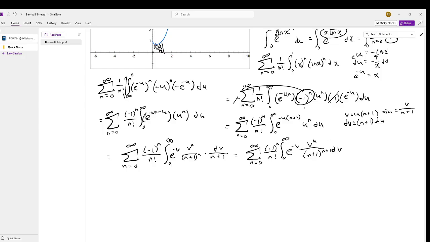Now this is pretty much the gamma function, because we can bring this whole n plus 1 to the n plus 1 term out, because it doesn't relate to v. So that's pretty awesome.